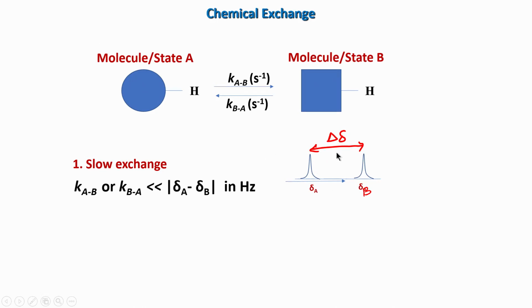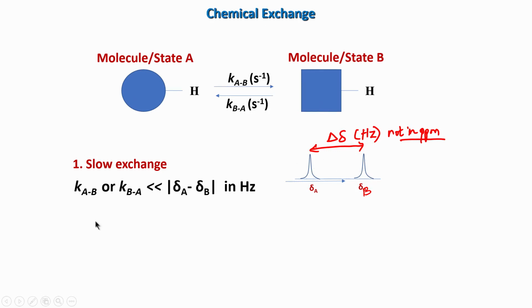Now, remember one crucial thing: we do not measure this difference in ppm for exchange, we measure it in hertz, not in ppm, because on the ppm scale it does not change whether you go from 600 to 800 or 900 megahertz, your ppm difference will not change, but the hertz will change. So what really matters in NMR is how much the difference in chemical shift between the two states A and B is, on the scale of hertz.